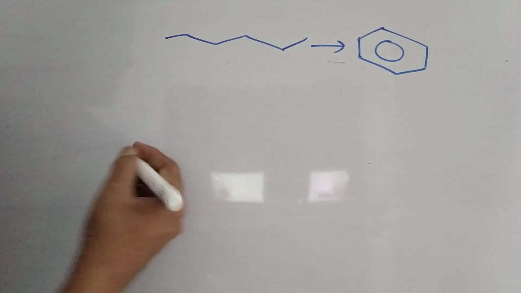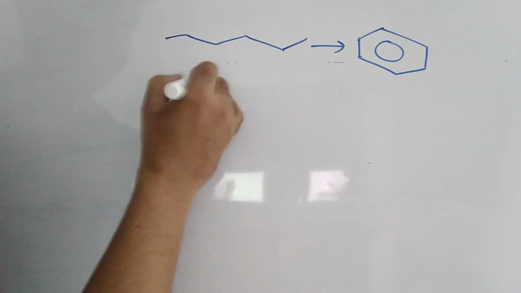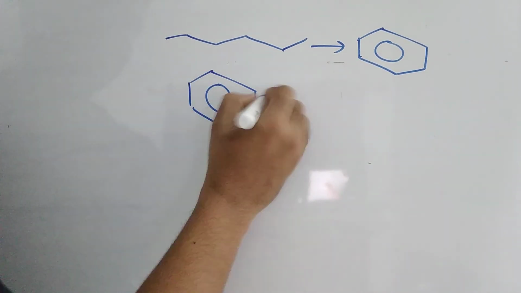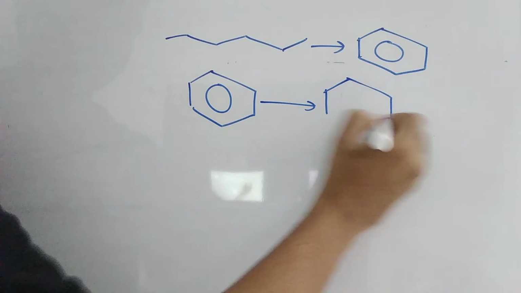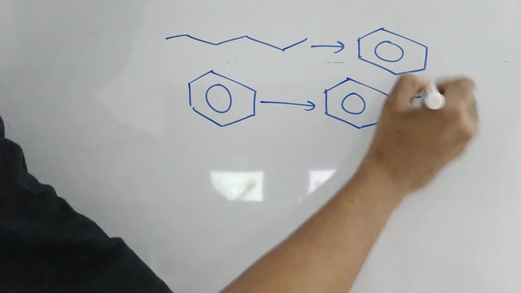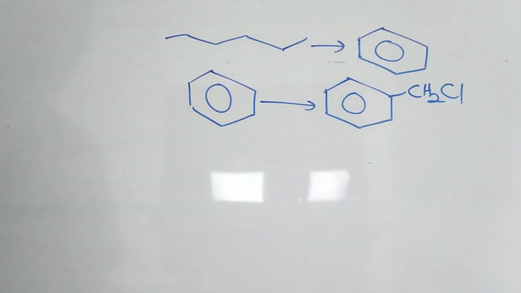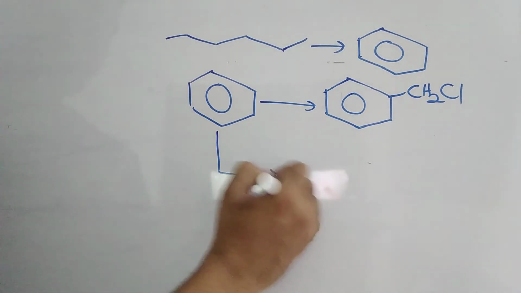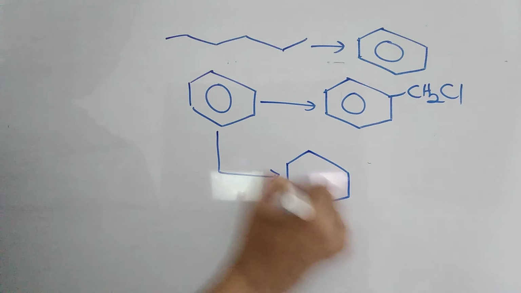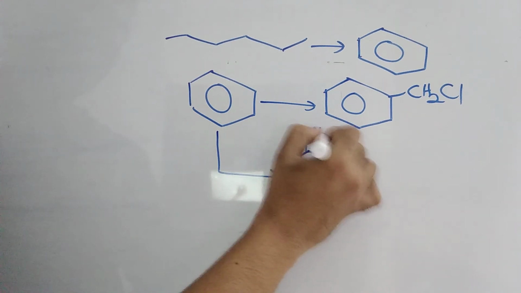Benzene to benzyl chloride. For this purpose, we convert it into toluene and then do halogenation.